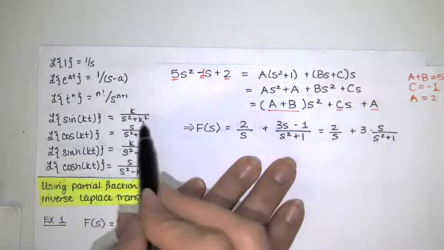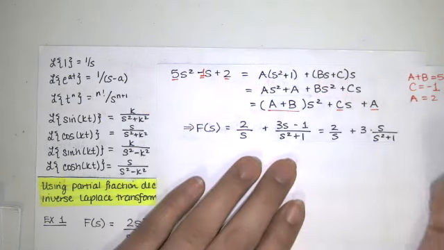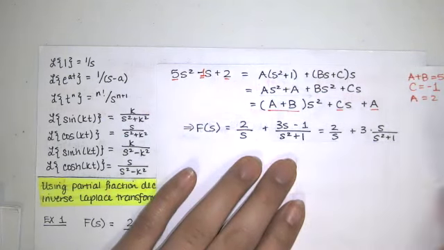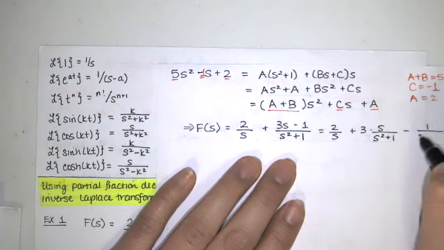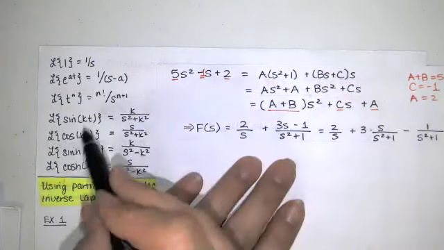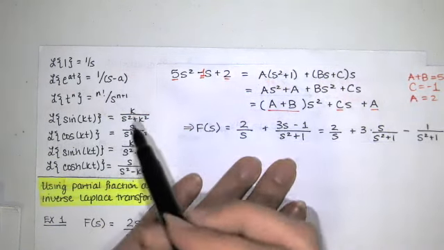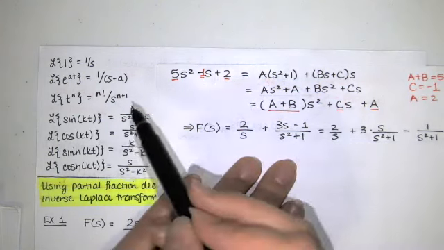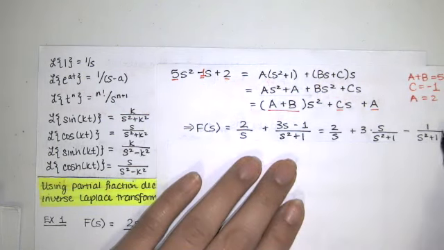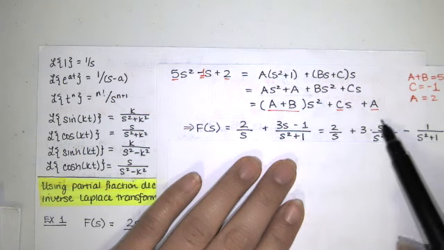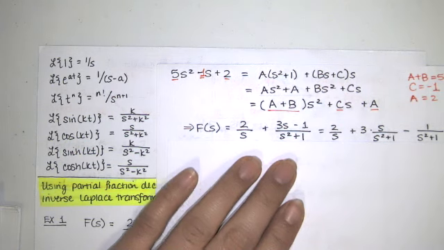S over s squared plus 1 is going to be a cosine. And then this is a -1 over s squared plus 1. And 1 over s squared plus 1 is a sine. If k squared is equal to 1, k is equal to 1. So this is actually going to be a sine of t. This is a cosine of t, and that's just going to be a 2.